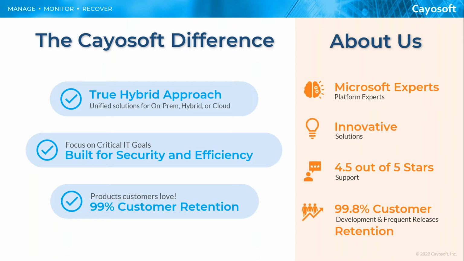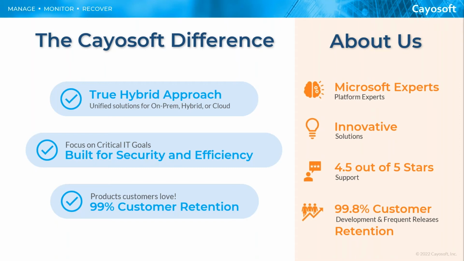The first thing I want to mention about Cayosoft is that all of our software solutions are hybrid ready. We take a hybrid approach to each one of our products, so the products actually work both on-premise and against the cloud Microsoft platforms. We also have some capability around other platforms as well, like Google and Amazon.